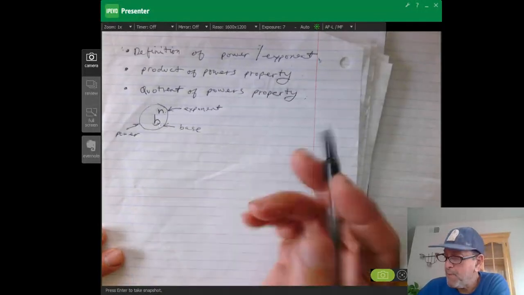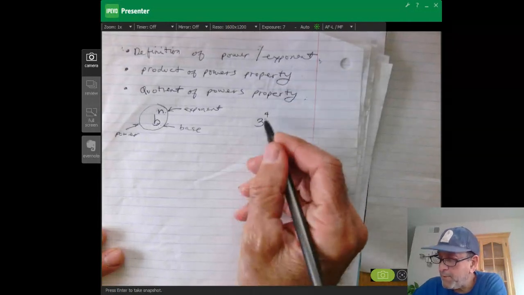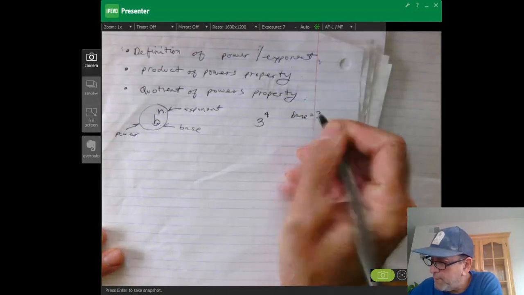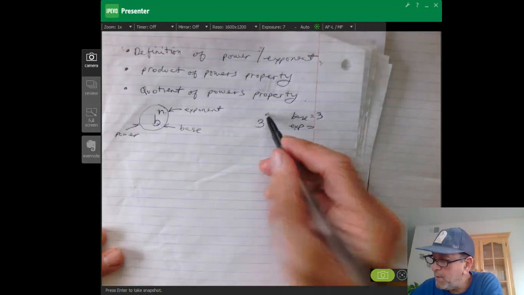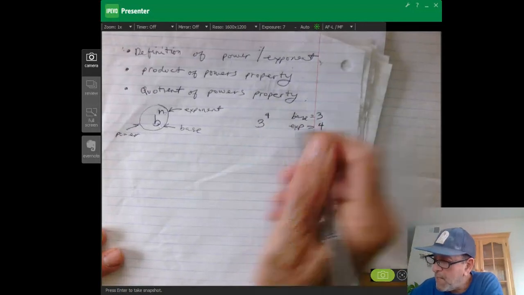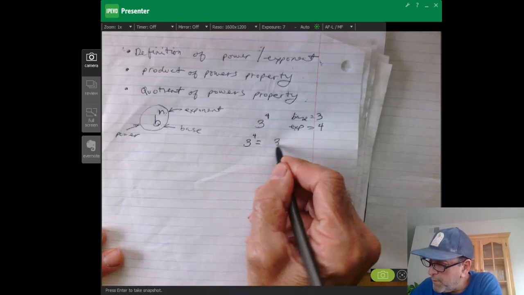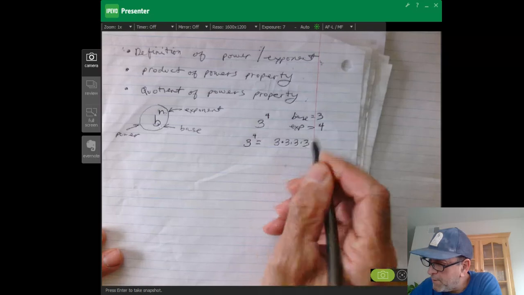The exponent tells you how many times to use this base in a multiplication. For instance, if we have 3 to the fourth power, the base is equal to 3, the exponent is equal to 4, and 3 to the fourth power is equal to 3 times 3 times 3 times 3.